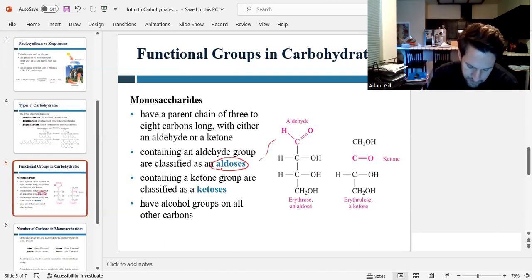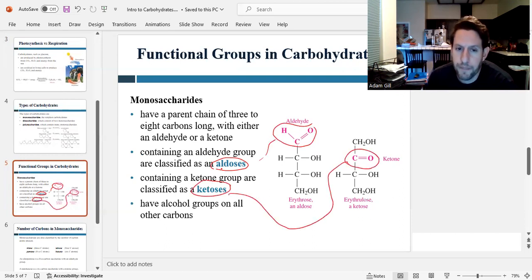They have the aldehyde group, and they're known as ketoses if they have a ketone group. And every other carbon in the molecule has an alcohol on it. So sugars have 3 to 8 carbons. They have either an aldehyde or a ketone, and every other carbon has an alcohol group.